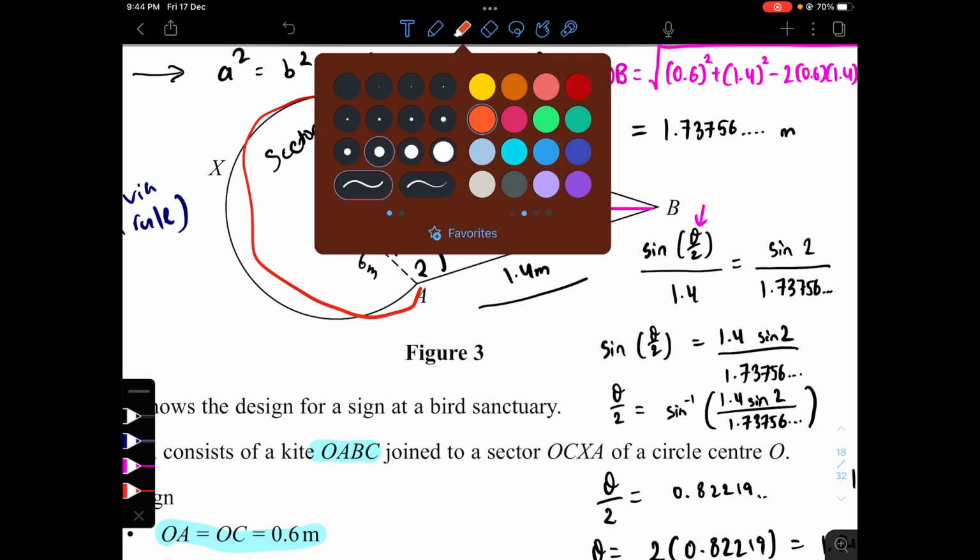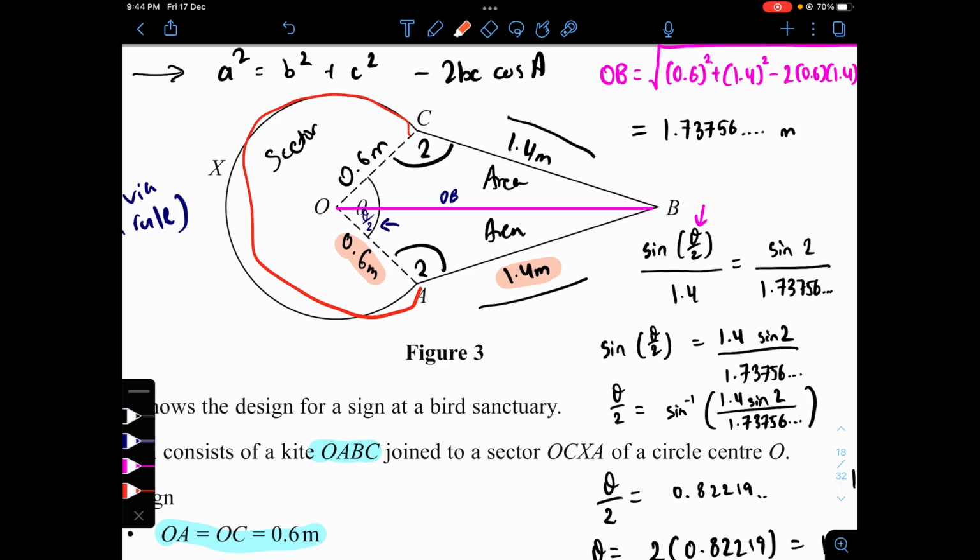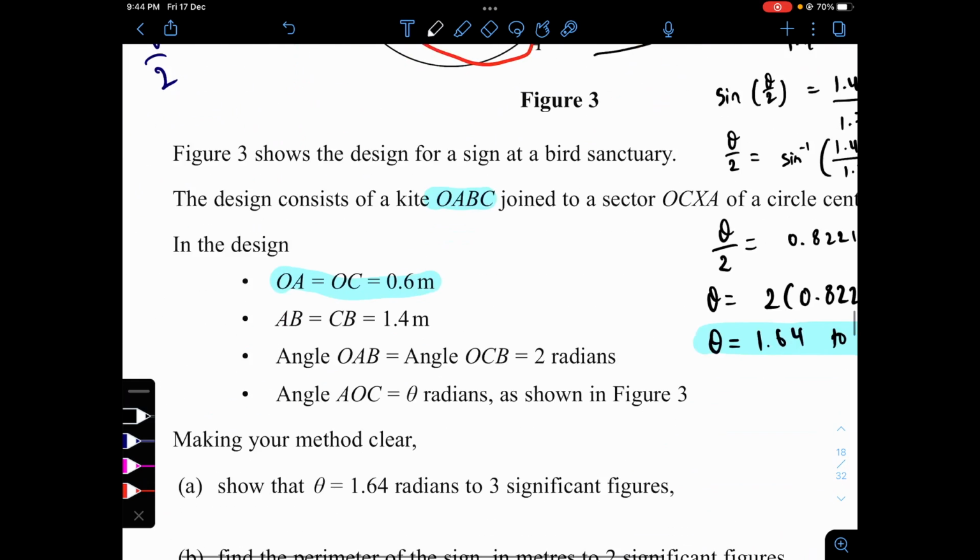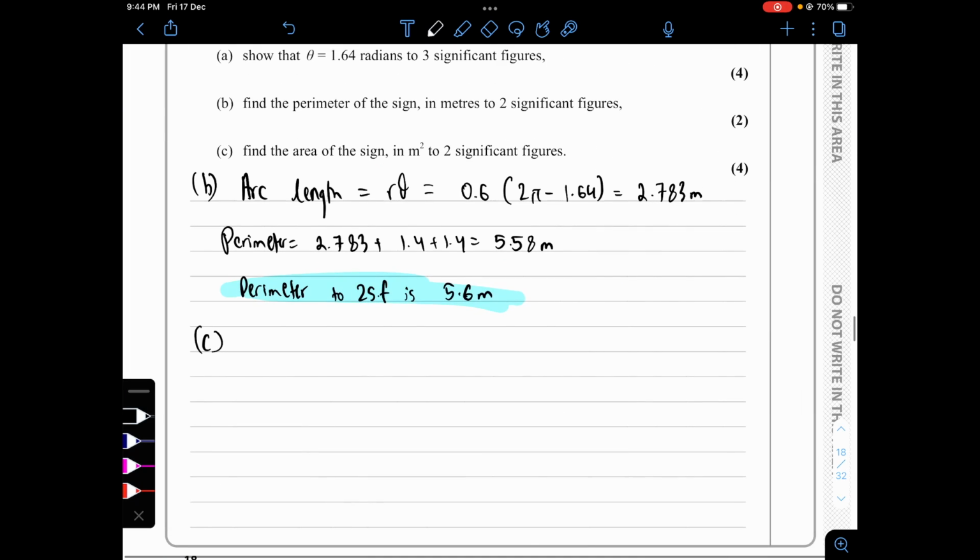Now this is very simple because we already know 0.6 meters here, and I'll just highlight this in another color. We already know 1.4 meters and 0.6 meters and 2 radians. We can apply half AB sine C and then multiply it by 2 because there are 2 triangles. So to simplify this, the area of the sector is half r squared theta.